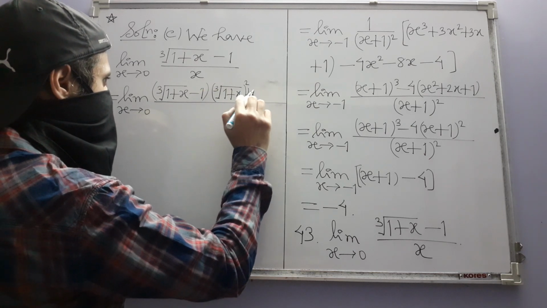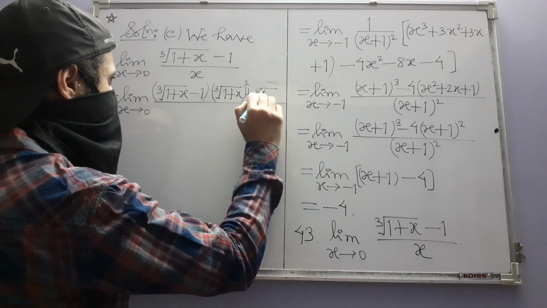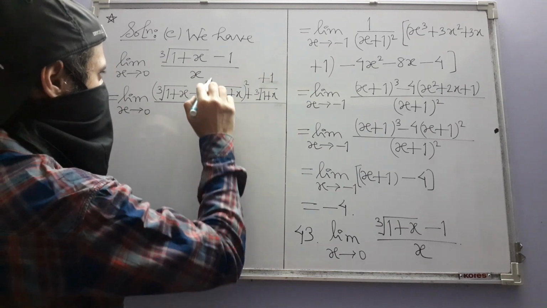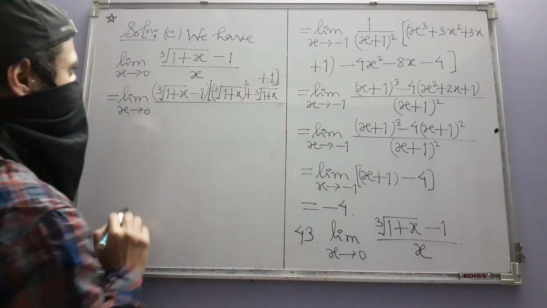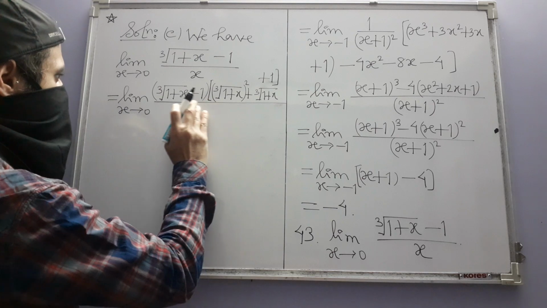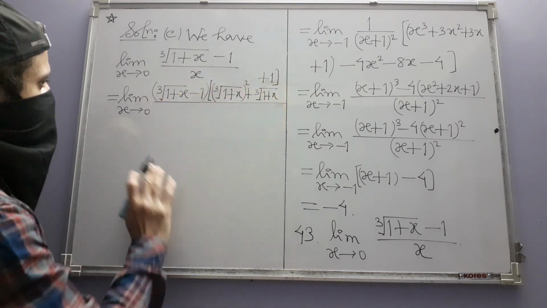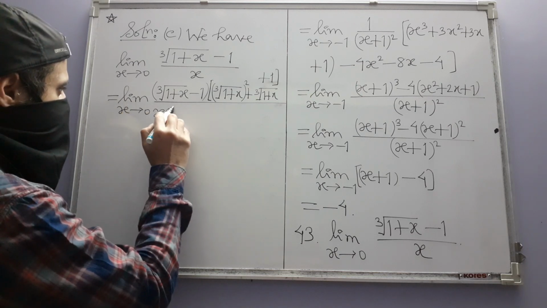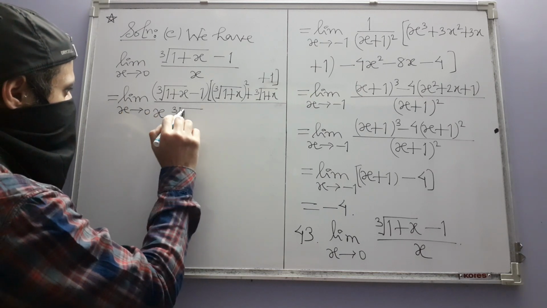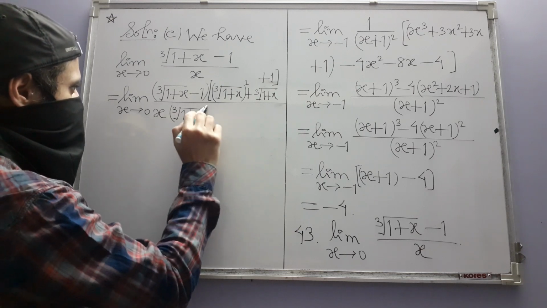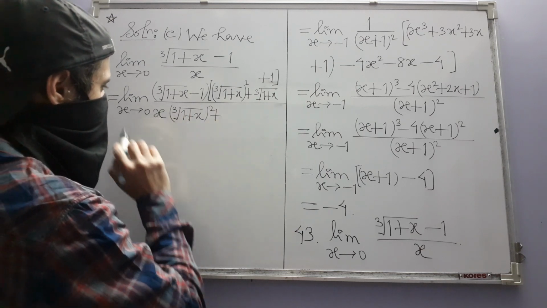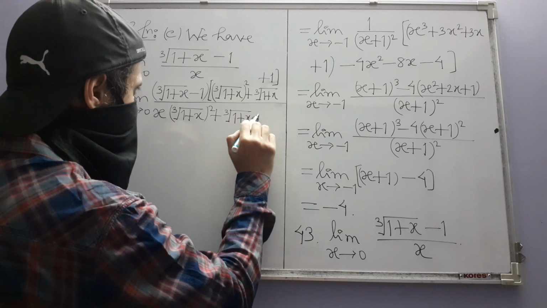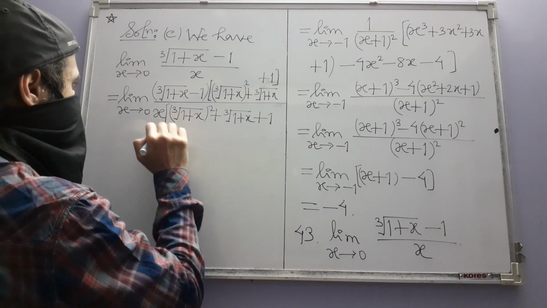Square plus, let me write plus 1 here, divided by, because I have written this extra term in the numerator, in the denominator also I have to write that. So what is it that we have written? It's the square of this cube root plus the cube root plus 1.